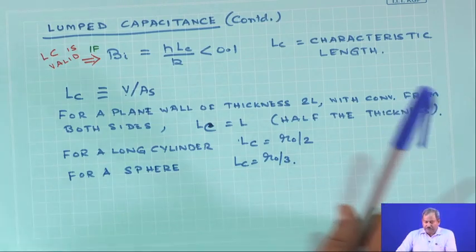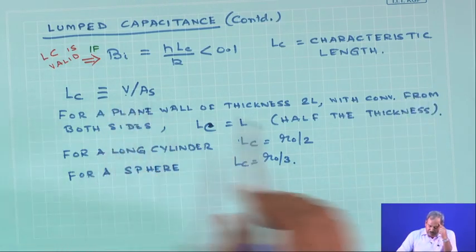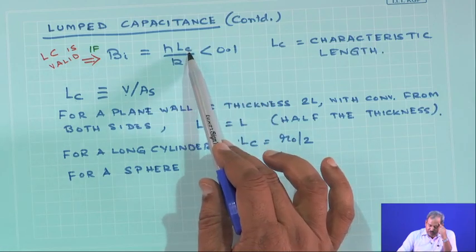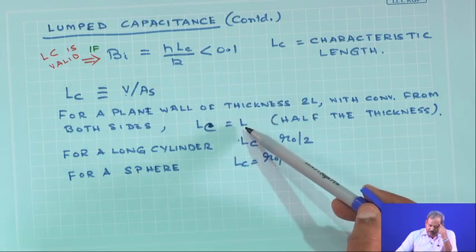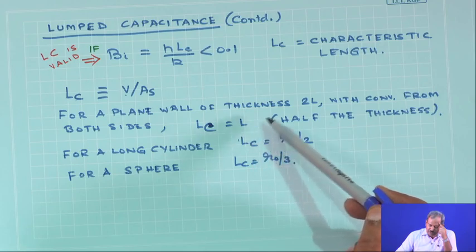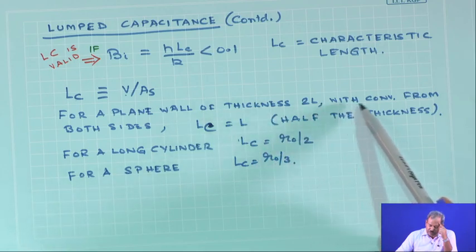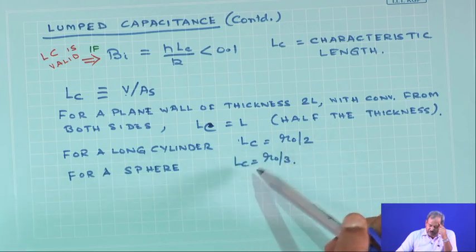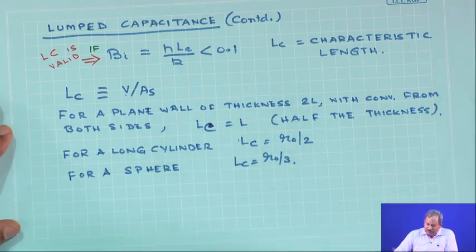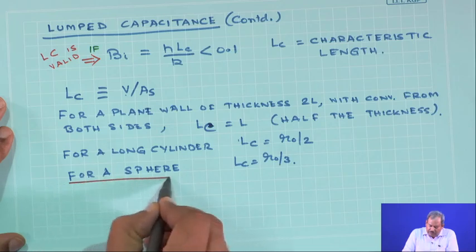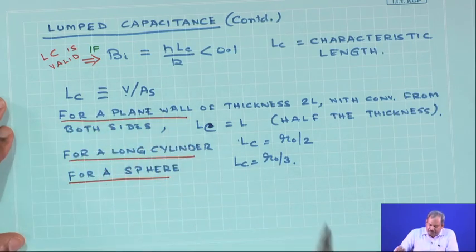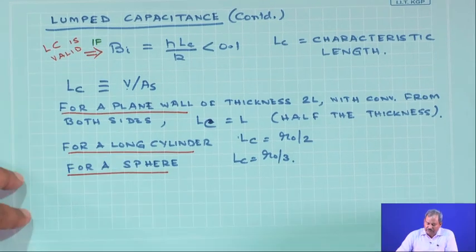So, the expression gives you what length scale to be used in order to evaluate the Biot number. It is half the thickness where both the walls are experiencing convection. For a long cylinder, it is R naught by 2, and for a sphere, it is R naught by 3.